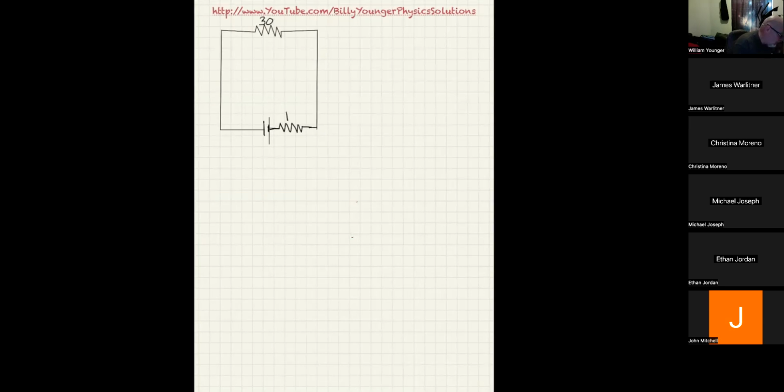Now in the middle of this, I'm going to have, for starters, a 40 ohm resistor. And then followed by that is a 1 ohm resistor. And then I have a battery this way.